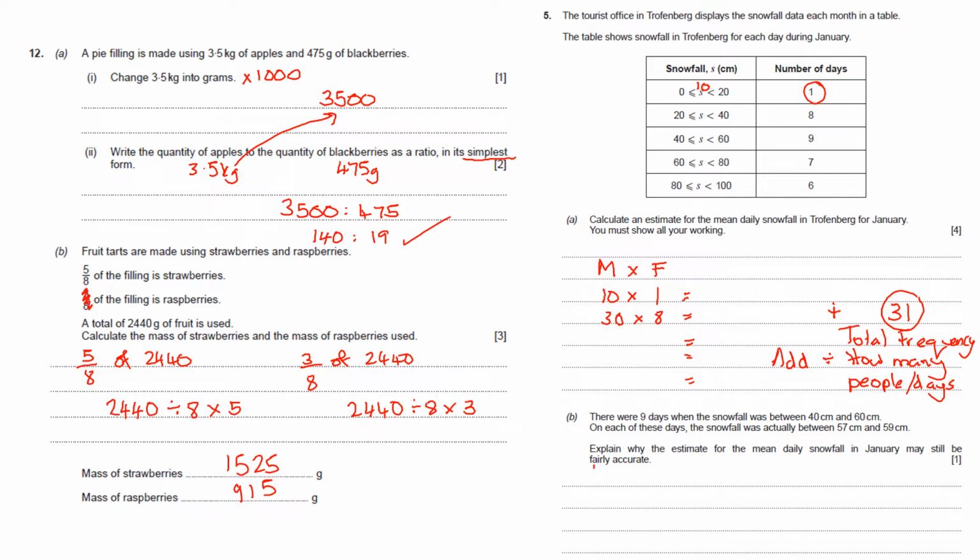Not so worried about part B. But other things that might come up are, what is the modal group? Again, you should be quite happy with that. The group containing the most people. In this case, it happens to be the middle group, and you should just write the full group, 40 up to 60. Okay, fabulous. On to the next slide.